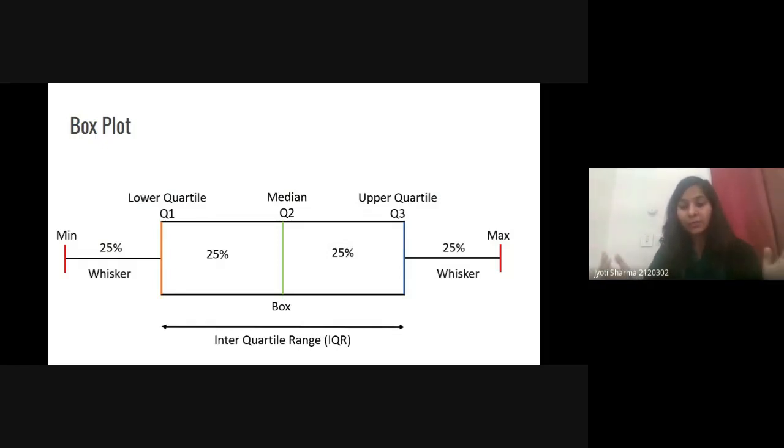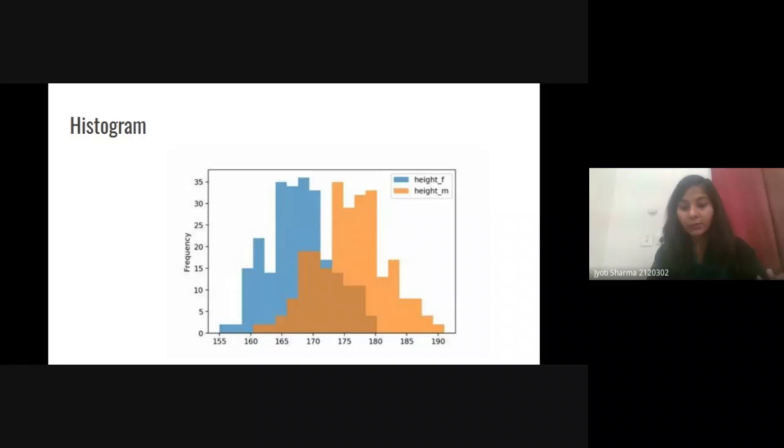So you have to see the distribution of your values. This can be done by the box plot. The box plot gives the median, the lower quartile, the upper quartile, the minimum, and the maximum value. So if you want to know the distribution of your data after sampling, then the box plot is a good thing that you can plot.